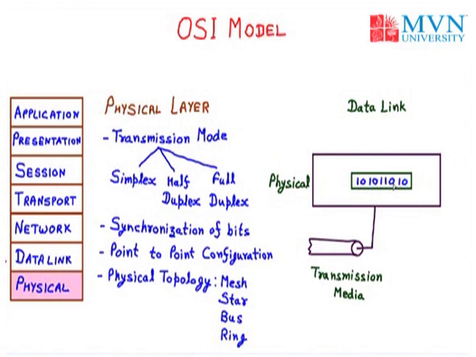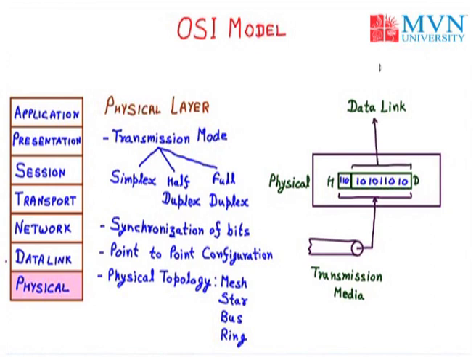Now there is some header which is sent from the transmission media, and we are going to use the header as 110. So that is all about the data. We represent the data as D and the header as H. So data with header is coming from the transmission media. Now the layer above, the data link layer, will only take the data and remove the header part. It will leave the header part and only take the data.